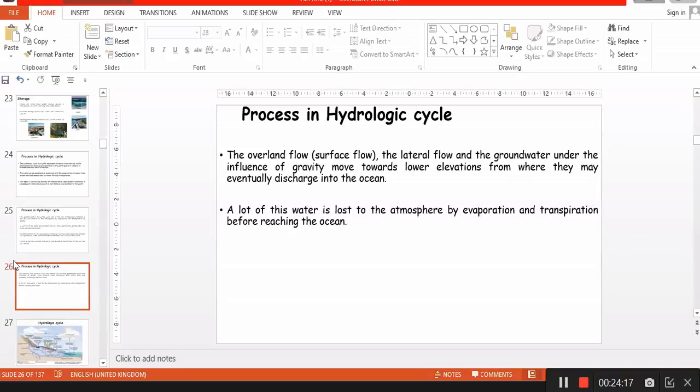We will see this later. A lot of this water is lost to the atmosphere by evaporation and transpiration before reaching the ocean. We have already studied saline water, brackish water, and fresh water. Then, of course, we will study this dynamics later when you come to the first semester of the second year. Please make a note on this.